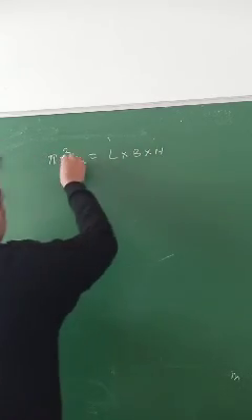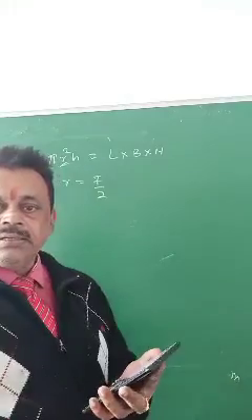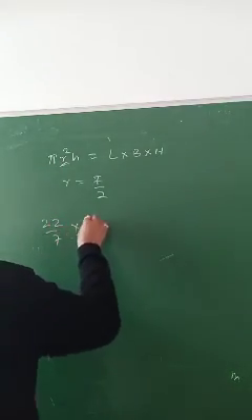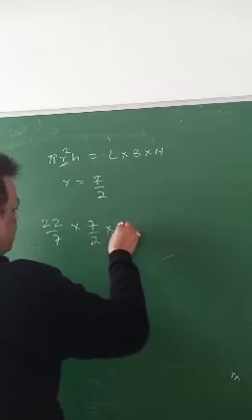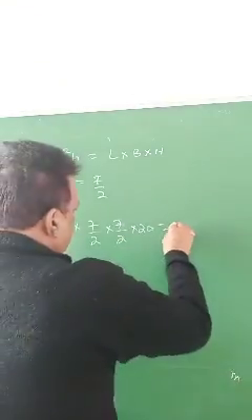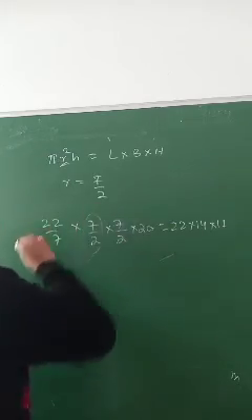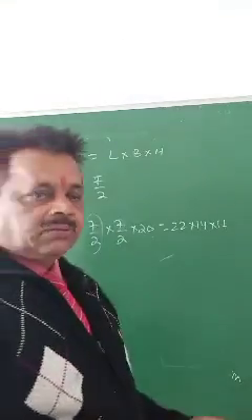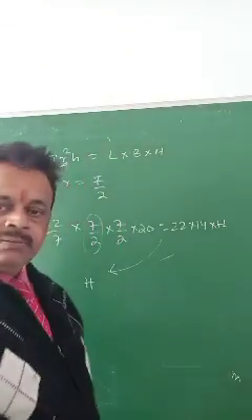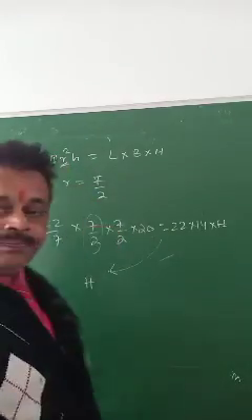The mistake I made is that actually r is equal to 7 by 2. R is 7 by 2. So 22 by 7, 7 by 2, 7 by 2 into 20 equals 22 into 14 into h. Actually the diameter was given, so R will be 7 by 2. Try to complete. Okay. This is for question number 3.